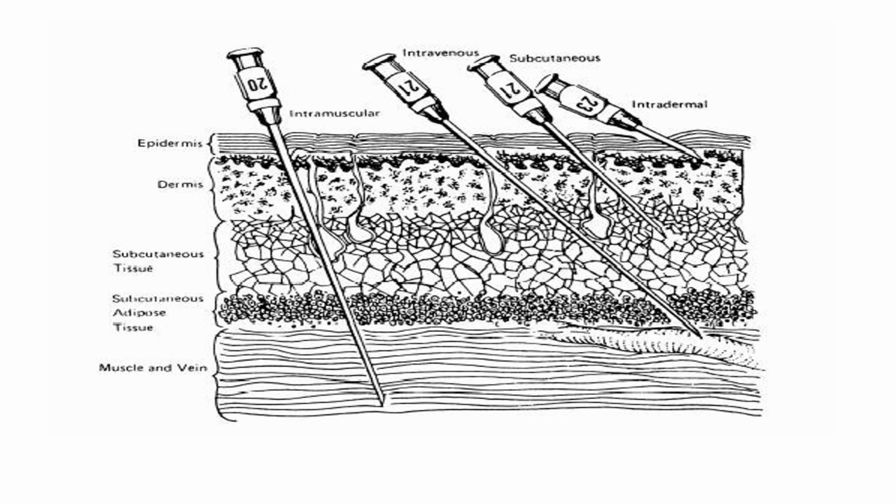Just a recap of the parenteral routes of administration. Intramuscular injections are always perpendicular to the surface of the skin, where the tip of the needle gets inserted into the muscle region.